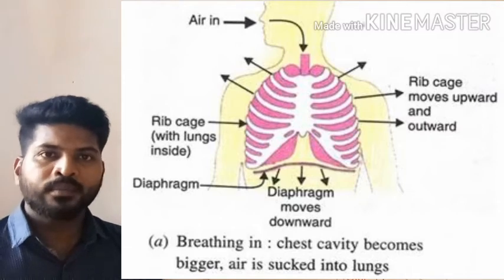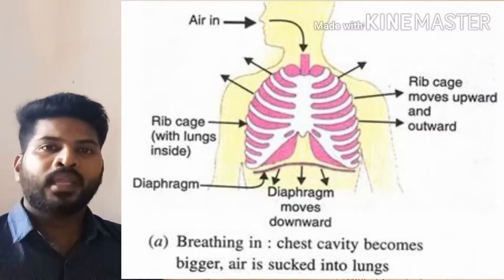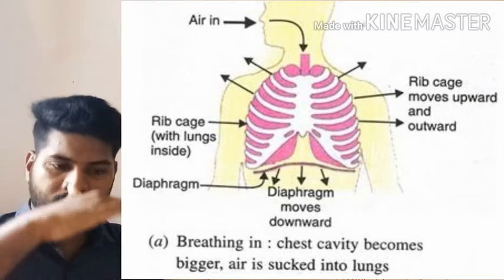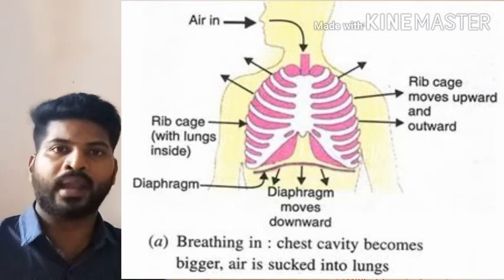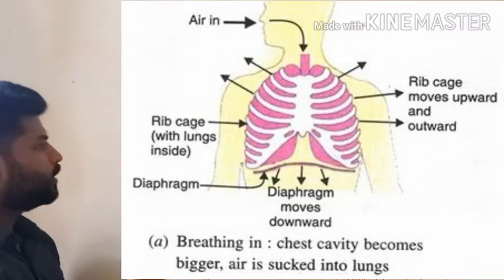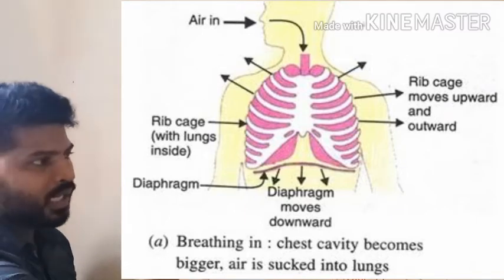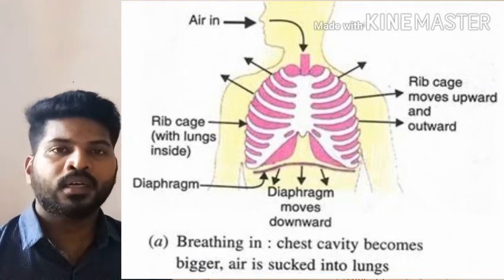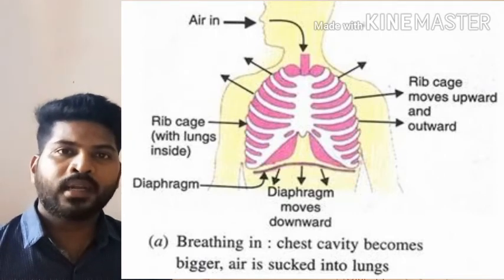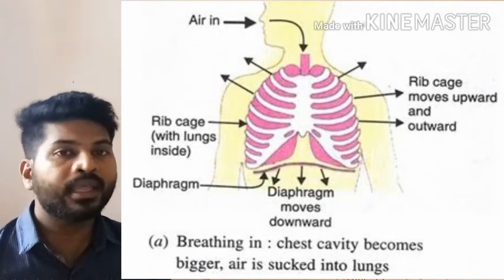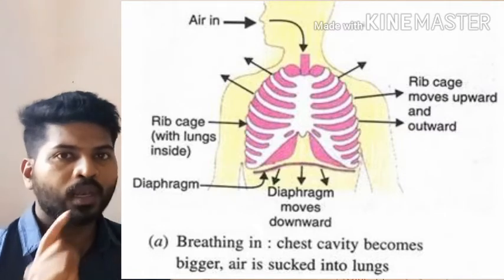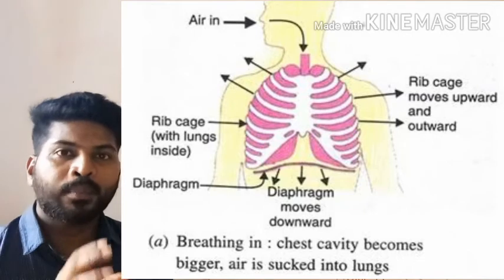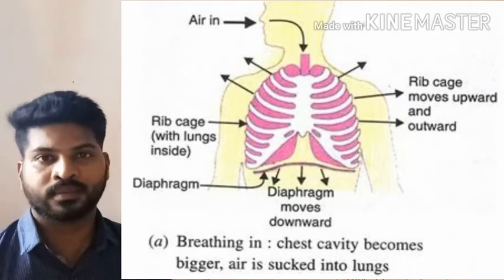Now when we start breathing in, taking the air inside, what happens? The diaphragm is pushed down, it becomes flat. So the concave structure becomes flat. Because of this, the volume inside the thoracic cavity will increase. When the volume increases, the pressure will decrease.